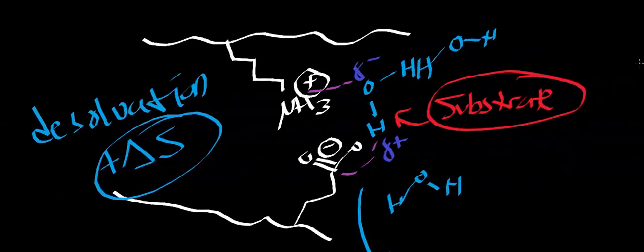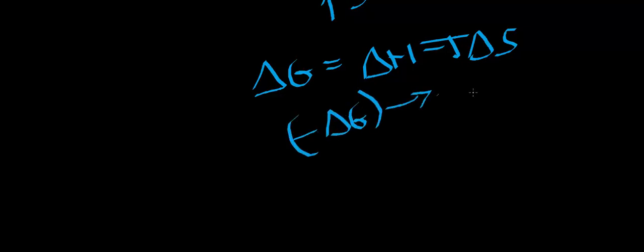And if you think about it like this, right, your delta G of reaction, okay, is equal to delta H minus T delta S, right? So if you add those two delta S's, if you overall have a positive delta S, then assuming your enthalpy is negative, you overall have a negative delta G. And that comes from a positive delta S, right? So positive delta S contributes to the release of free energy, right?